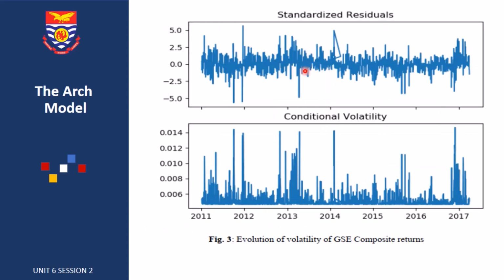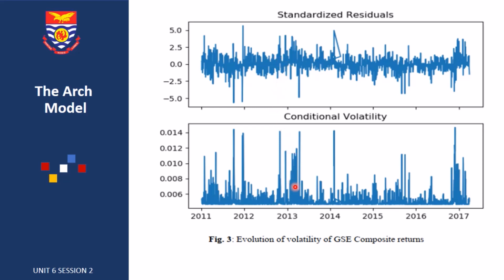And also stationarity: the standardized residuals also look more stationary. There is some form of stationarity in the series, so we have also met the other criteria, as you can clearly see in this plot.